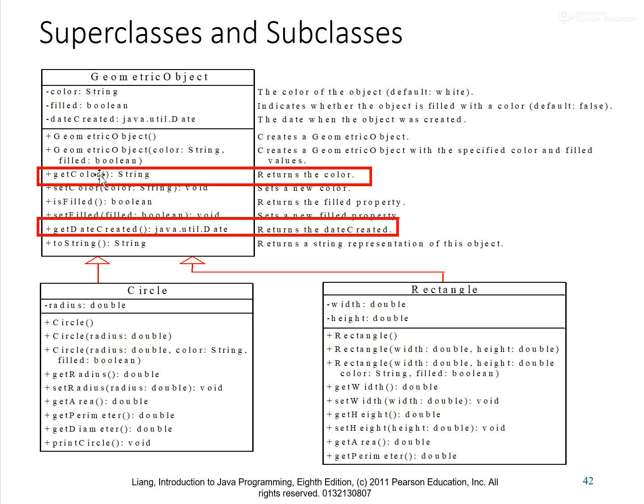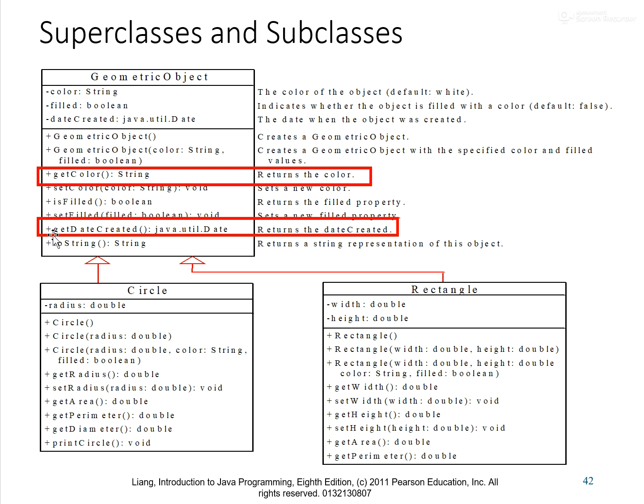Take note of these 2 methods of the geometric object superclass, getColor and getDateCreated. Now these are 2 methods. They're public, as you can see from the plus sign in front of them. And because geometric object is a superclass of circle and rectangle, these methods, like all of the other public methods, are inherited by circle and rectangle, which means I am allowed to call the getColor method of a circle object.